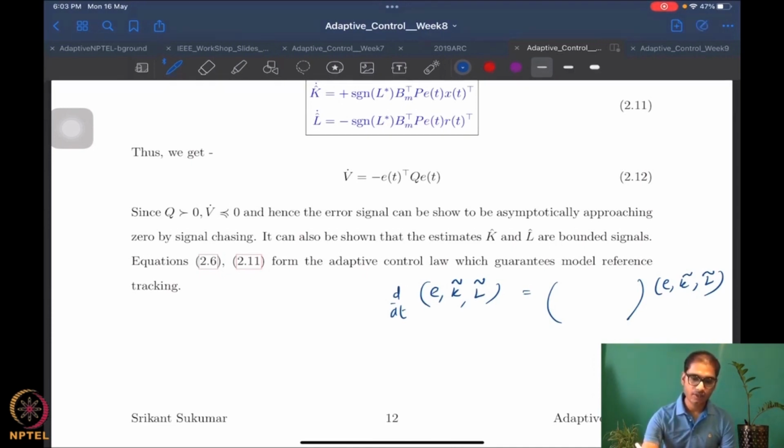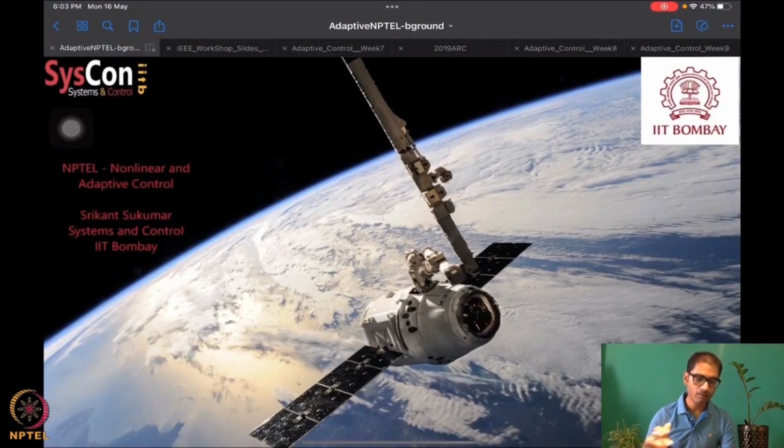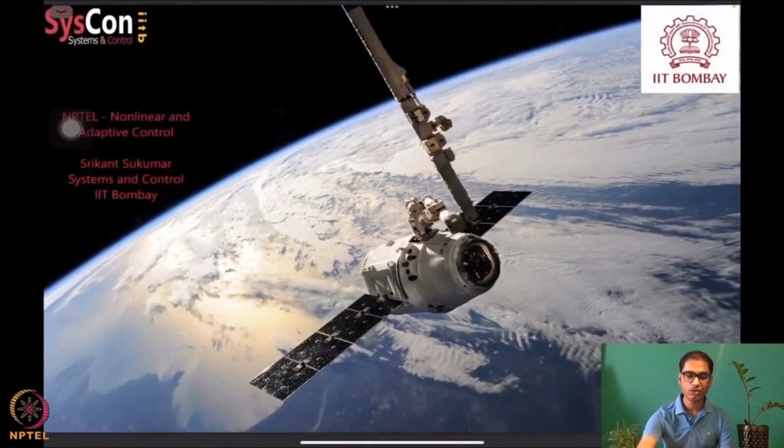So this was model reference adaptive control. What we did today was complete the Lyapunov analysis for the model reference adaptive control problem. In the process, we learned a lot about trace and trace properties and how they can be used to construct Lyapunov functions for matrix states.